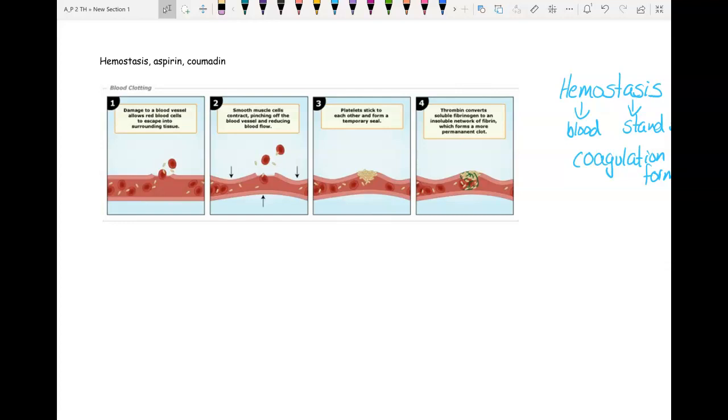So we're going to begin here with number 1, you have damage to your blood vessel. You have a cut and you are bleeding. The walls of the blood vessels contain collagen fibers. So there are collagen fibers here in the walls of your blood vessel.